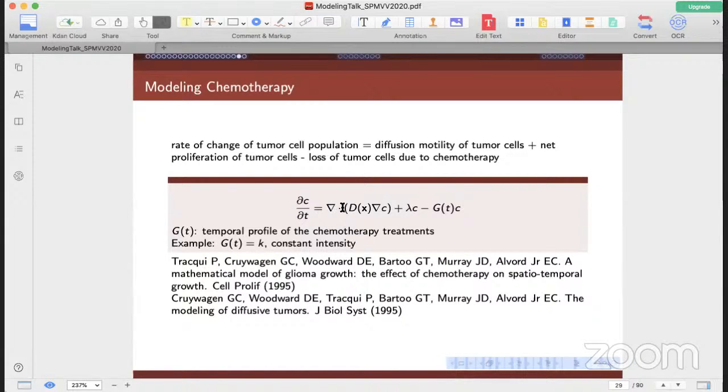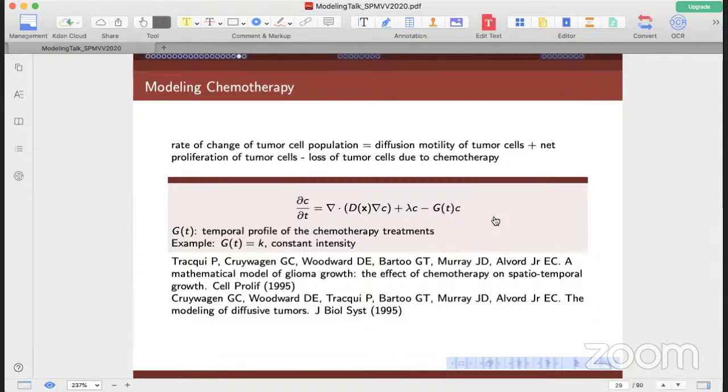So that is possible. Now, how do you incorporate chemotherapy? The same reaction diffusion models are considered, and now we are adding chemo. The immediate question one should ask: why are we taking a negative sign? Why not plus? If you give chemotherapy, will the population of the tumor cells increase or decrease? Naturally, they will decrease. Any cancer patient is taking a lot of pain and going for chemo. Why?